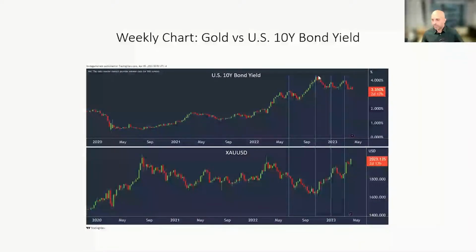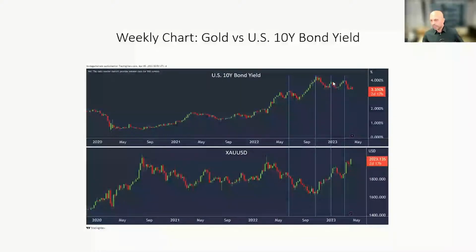So in this environment, we had real rates becoming more negative, and as they became more negative, the price of gold started to increase as well, together with central banks purchasing large amounts of gold. So this relationship has followed suit pretty tightly.